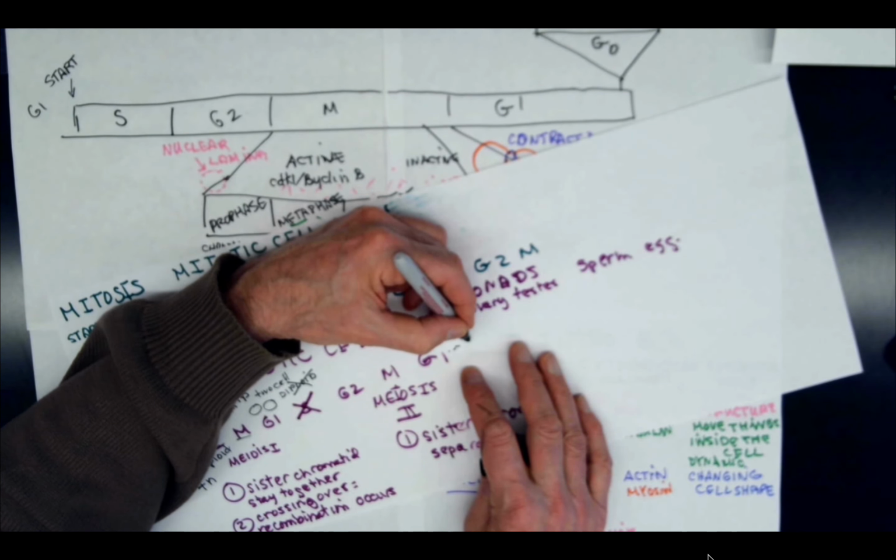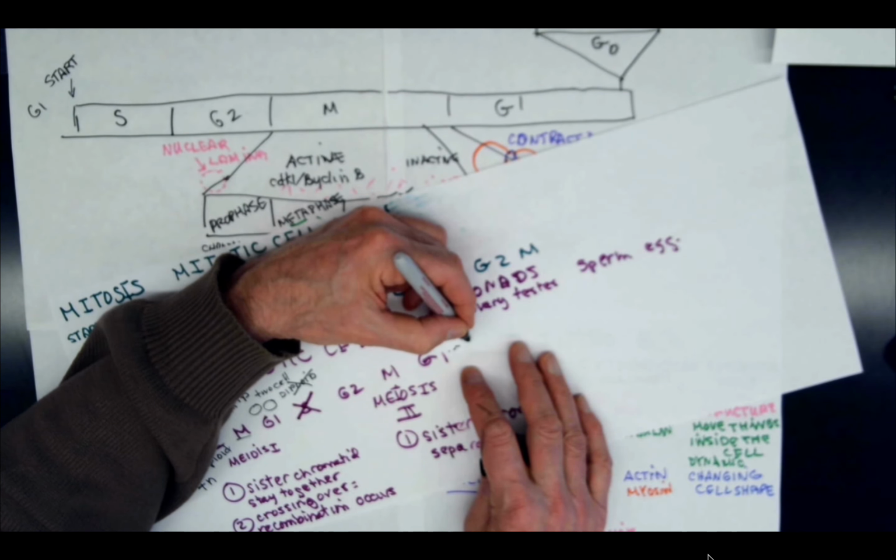And we've gone from 1 cell to 4 cells. One diploid cell became tetraploid, and then through meiosis 1 and meiosis 2, we did separate the chromosomes. So now we're down to haploid cells, and that's called 1N.